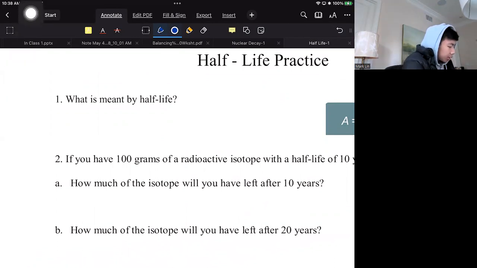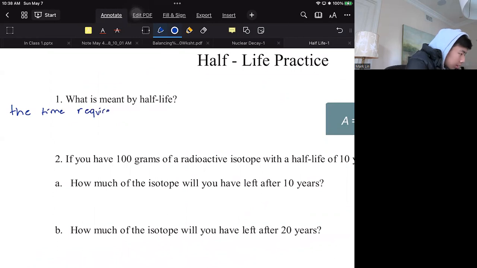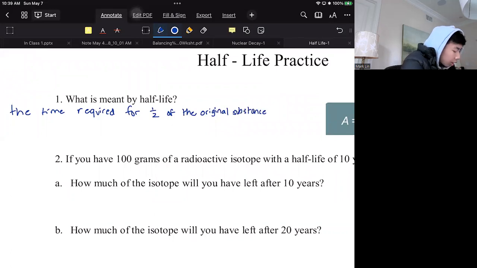Half-life is the time required for one half of the original, not substance, original radioactive atoms, to decay into atoms of a new element.